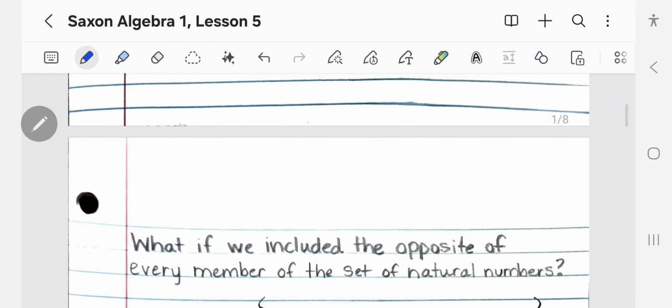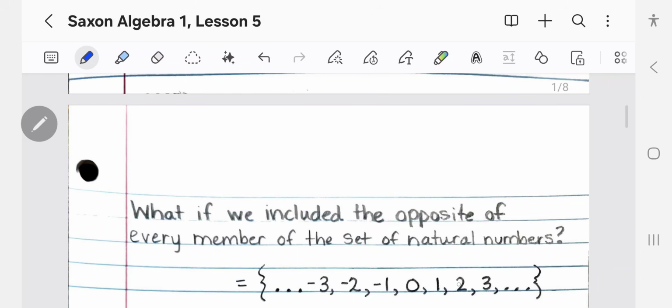What if we included in the set the opposite of every member of the set of natural numbers? So now we talked about opposites in a previous video. The opposite of 2 is -2. The opposite of 3 is -3. The opposite of -1 is +1, right? It's going to be on the opposite side of 0 on the number line, same distance apart. So here's our natural numbers, okay?